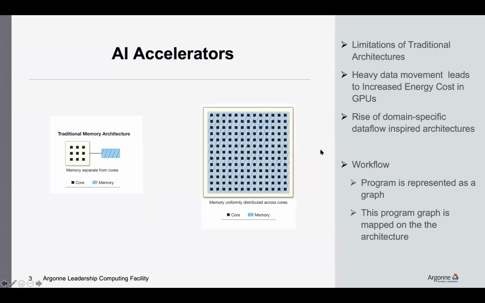Before we get into all the AI accelerators that we have at Argonne, first I would like to give a brief introduction about why we need AI accelerators.